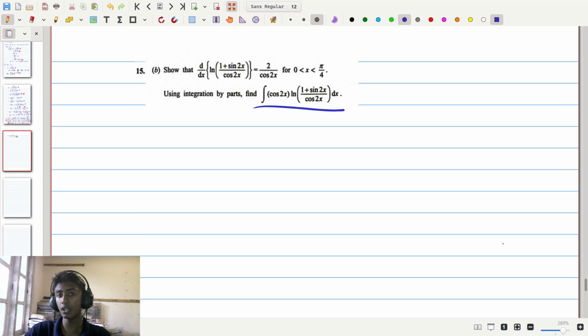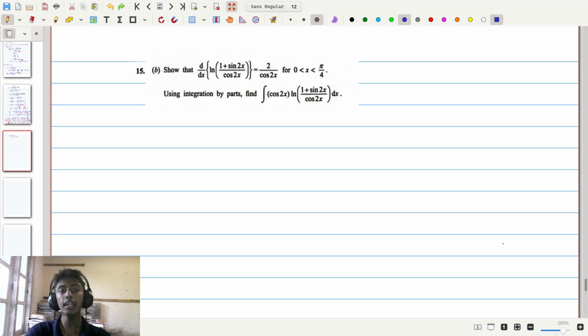When using integration by parts, you have to at some point take the derivative of this and also take the derivative of this. So when taking the derivative of this, you can directly substitute the result that you have up here.